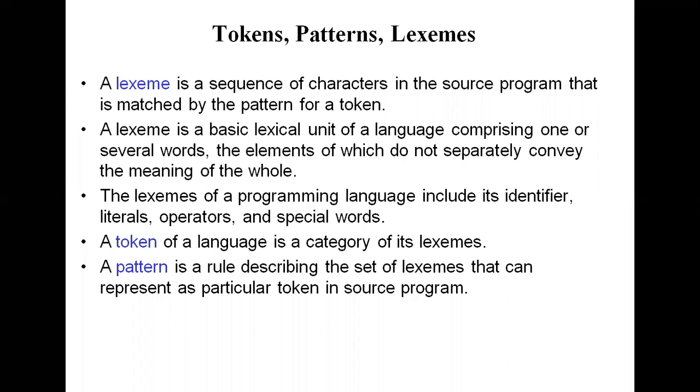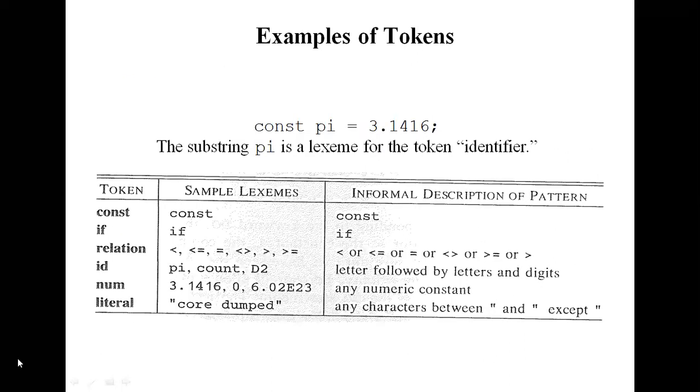See, here we have an example for that, a table representation. The example of the token is, see here, these are the lexemes. Lexemes from the input source, lexemes from the source program. Constant is a lexeme, if is a lexeme, and if the program consists of operators like these, these are all lexemes.